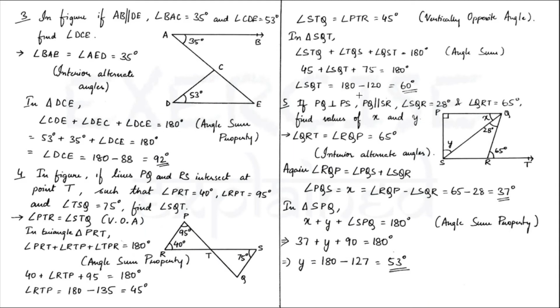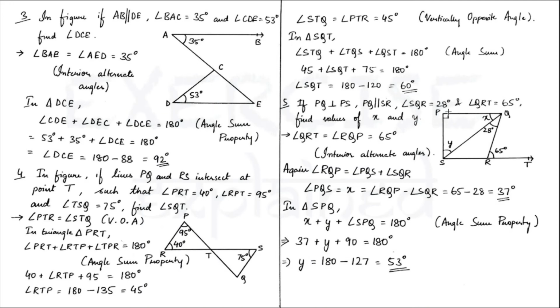Now in the question it is given PQ is perpendicular to PS. That means angle QPS is equal to 90 degrees, and this X we already know as 37 degrees. By angle sum property we can easily find the value of Y, as I've written here, X plus Y plus SPQ is equal to 180 degrees. So X we know as 37 degrees, Y we need to find out, and SPQ is equal to 90 degrees.